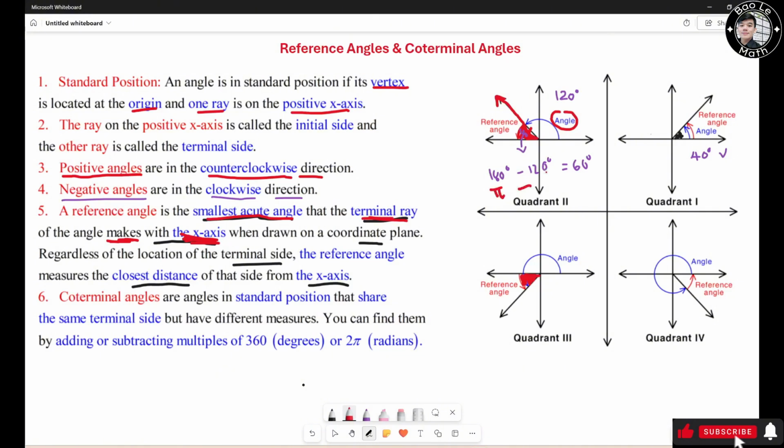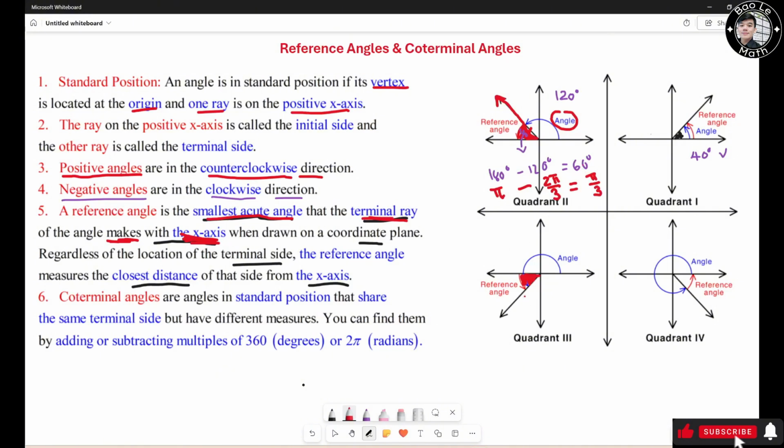Minus 120, which means 2 pi over 3, right? So pi minus 2 pi over 3 gives pi over 3, right? Now pi means 180. 180 divided by 3 gives 60 degrees, right?